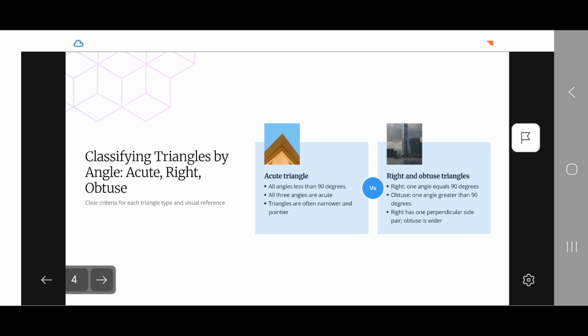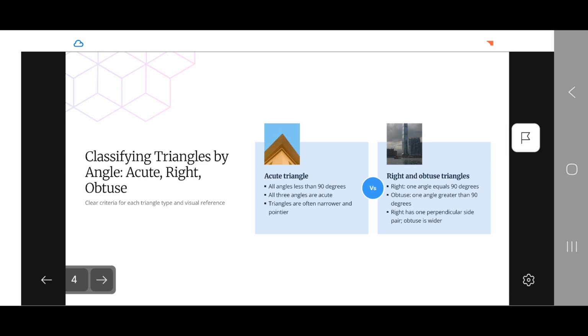Okay. So, obtuse is one angle greater than 90. So, one angle needs to be greater than 90. For example, this is 110. This is 45.